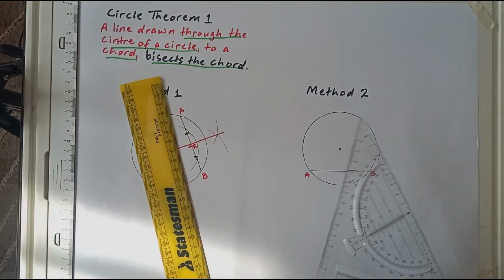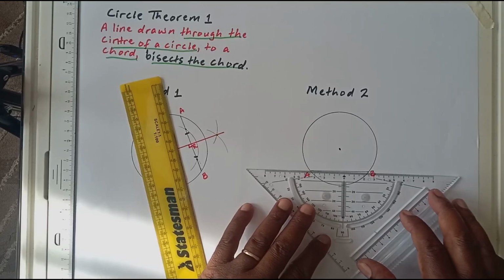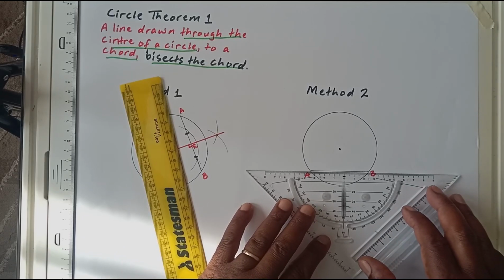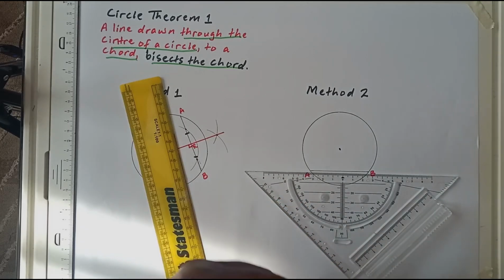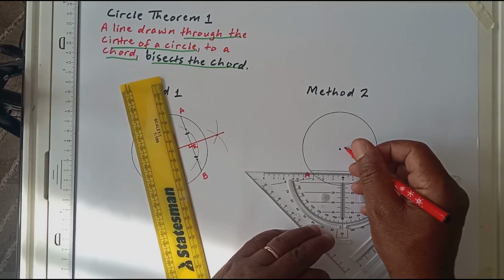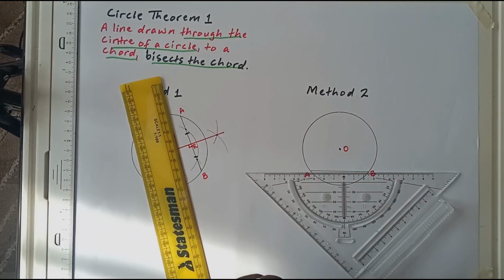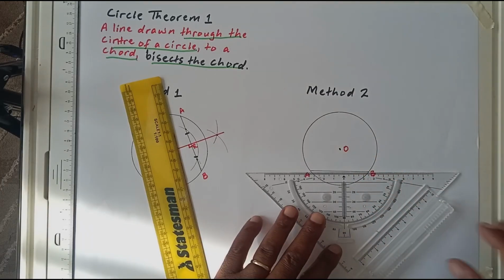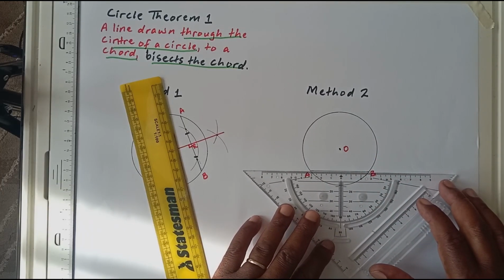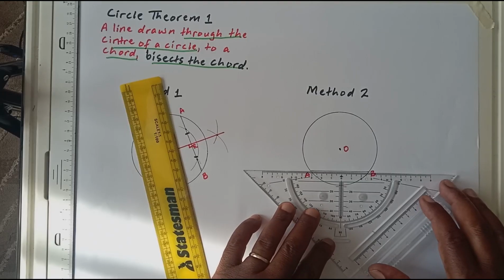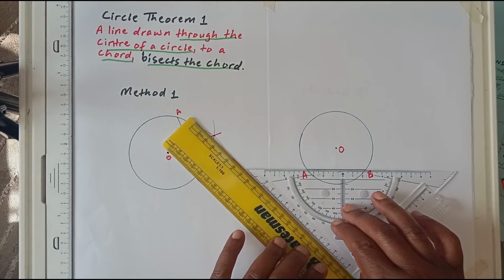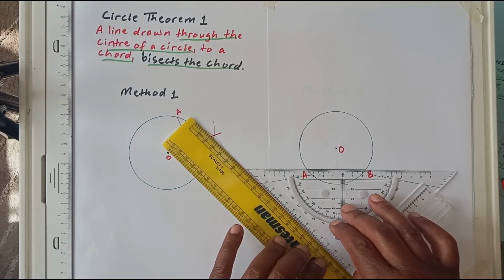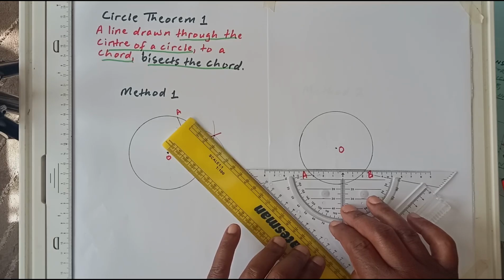So the first thing that I can do is to place the set square along chord AB, knowing that this is the center of the circle O. So I put the set square accurately along chord AB. Then bring a ruler to the set square so that the ruler and the set square will guide each other.